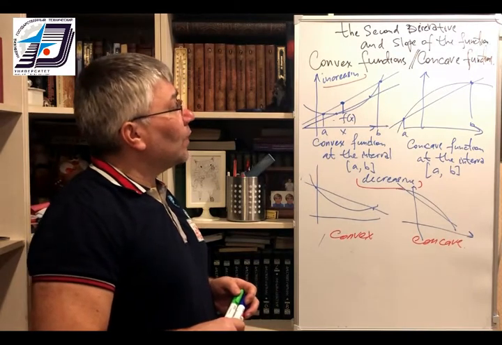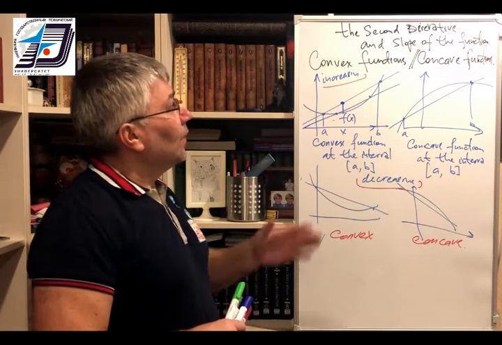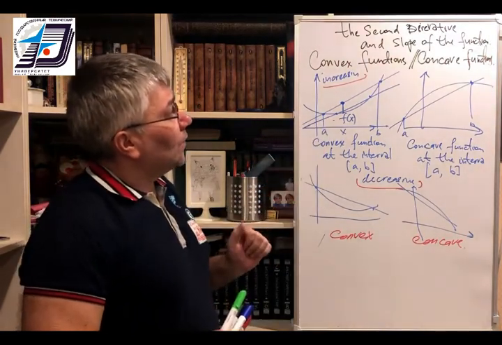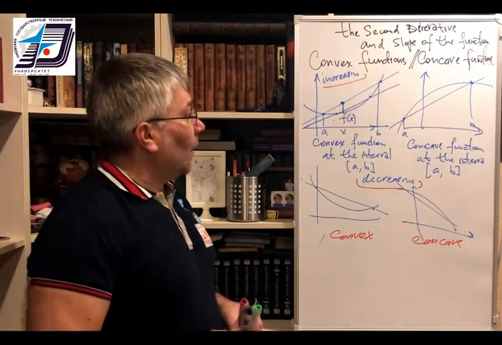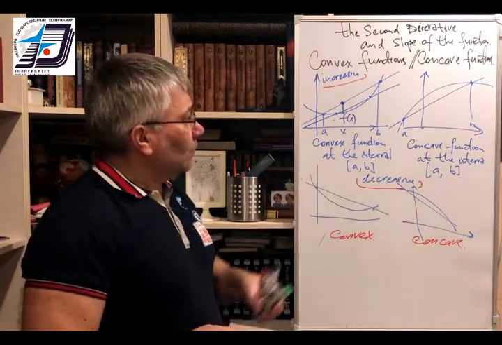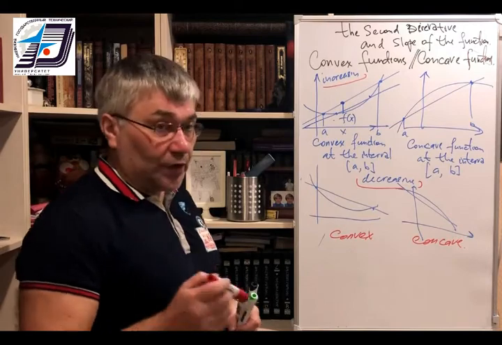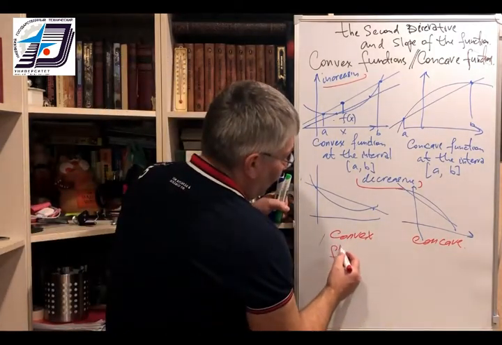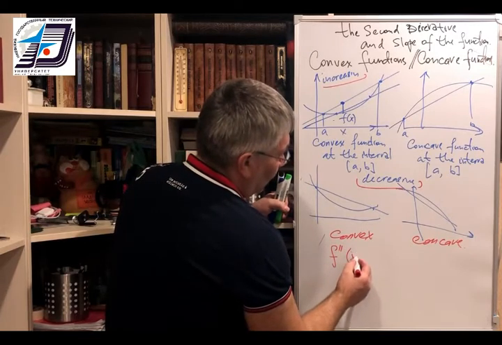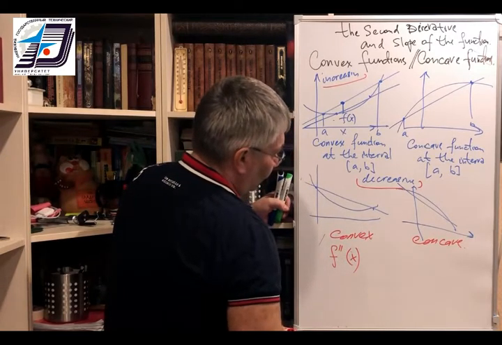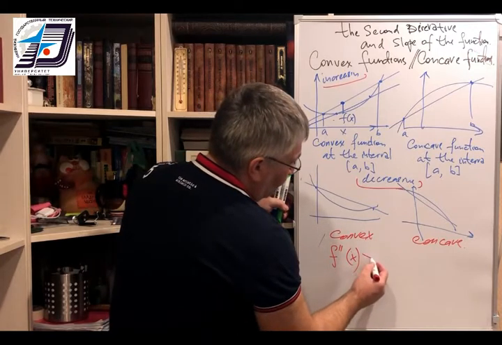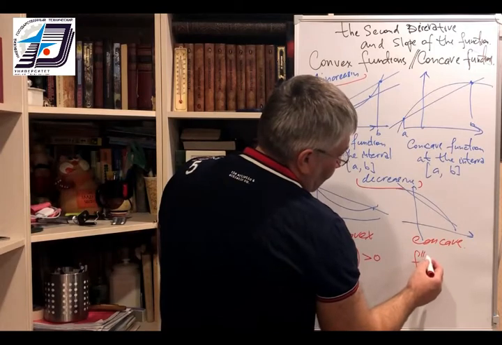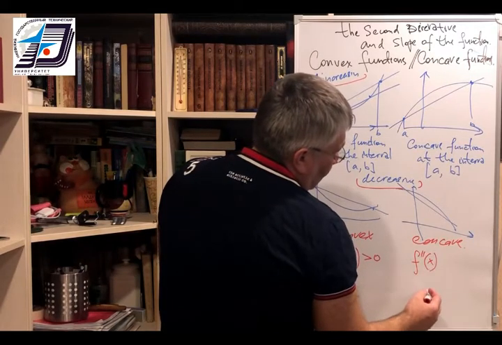But we can investigate the slope of the function and the derivatives of the function. I put here some ideas first. The second derivative for a convex function is what? It is positive. And here the second derivative is negative.